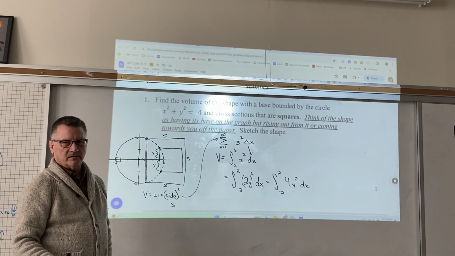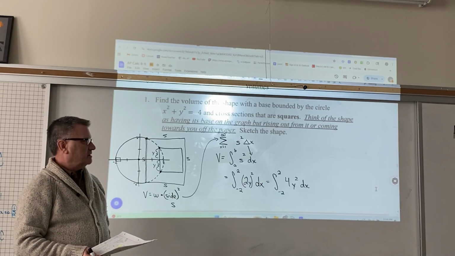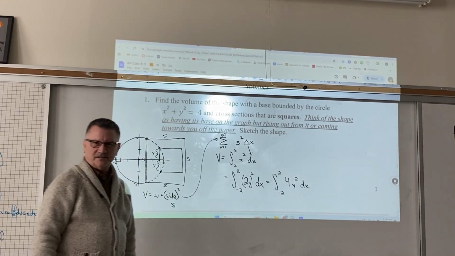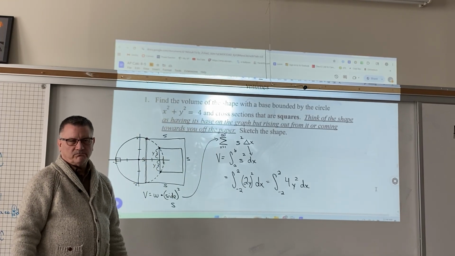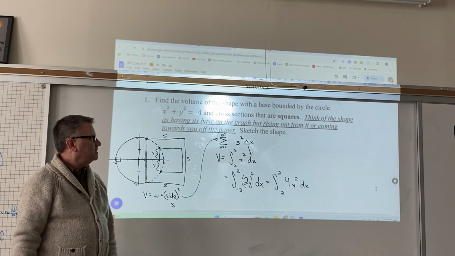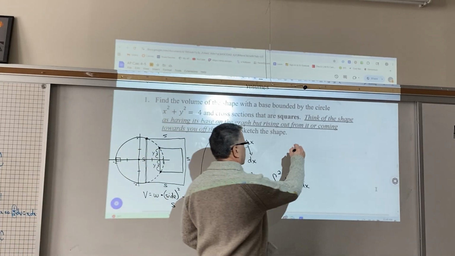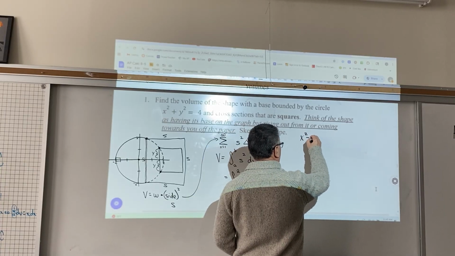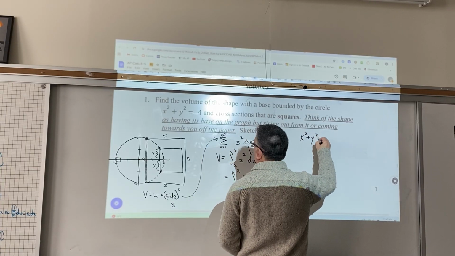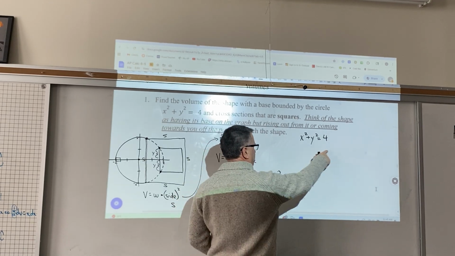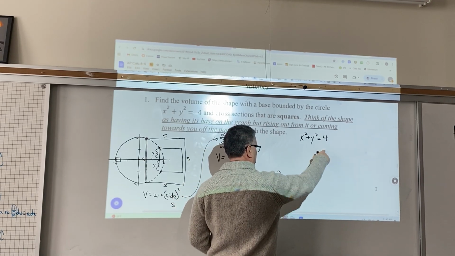Guess what I'm gonna have to do? I want to put some x's in here, not y's. Otherwise, y is not changing. Well, all I need to do is write this equation: x squared plus y squared equals 4. Why don't I just subtract the x squared?